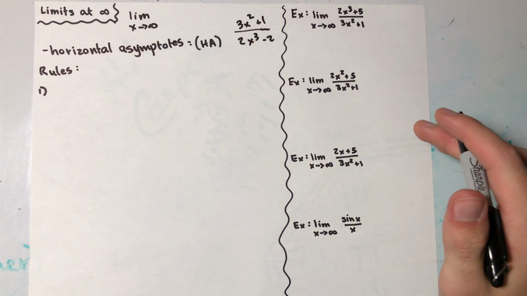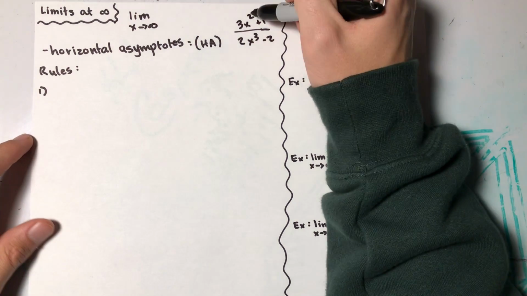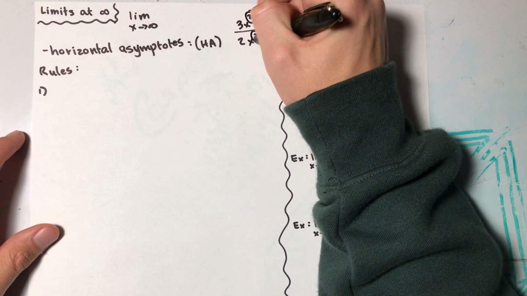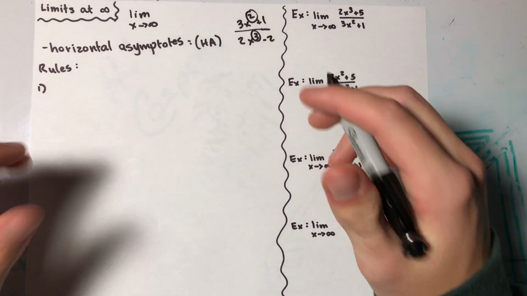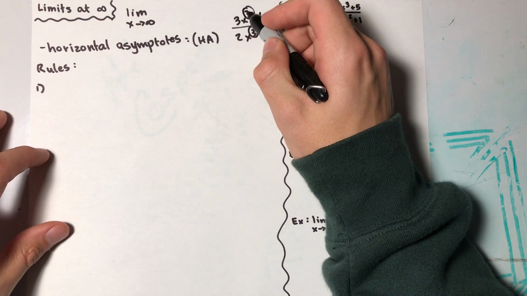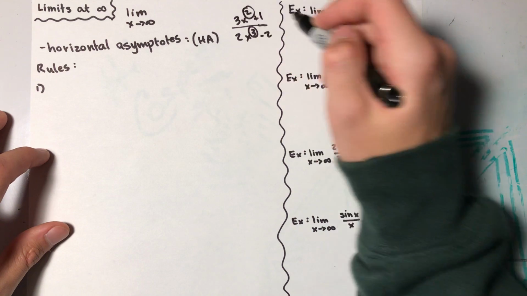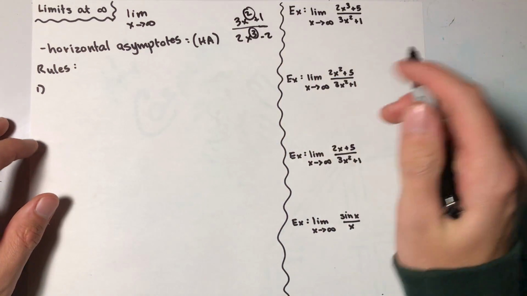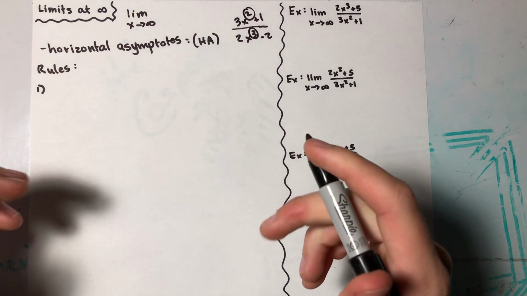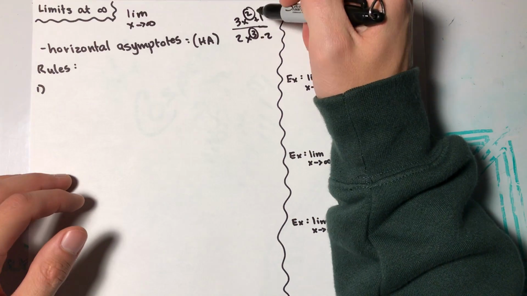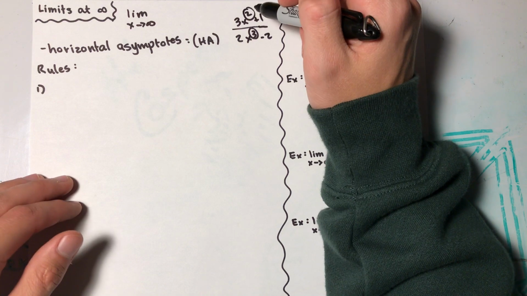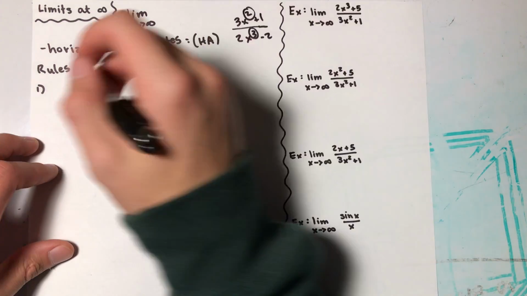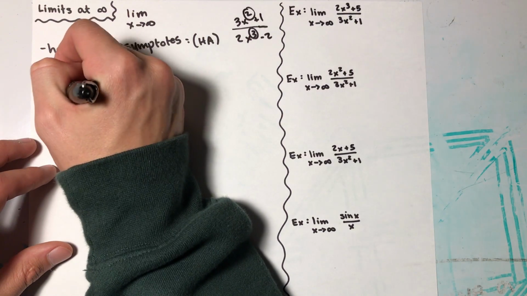When I'm saying these rules, it's all about the degree. What is the highest power in the numerator and the denominator? In this case, the highest power in the numerator is 2, because it's x squared. And in the denominator, the highest power is 3, x cubed. So essentially when I'm referring to the degree, it means the highest x power in the numerator and in the denominator.